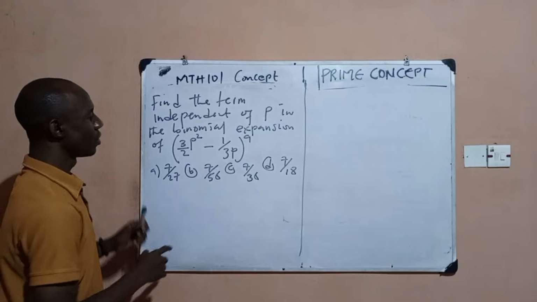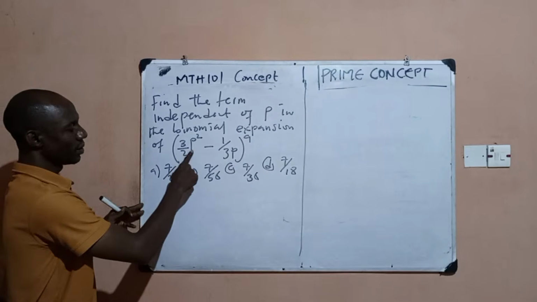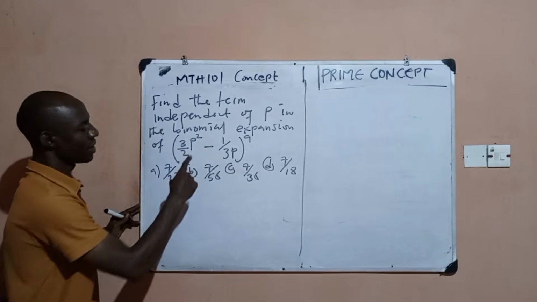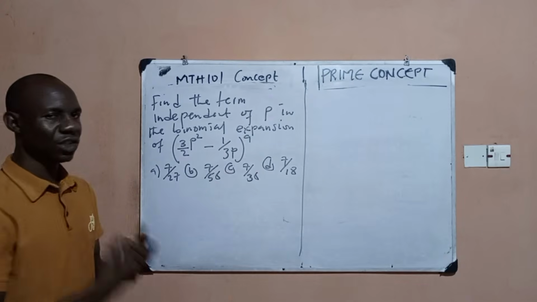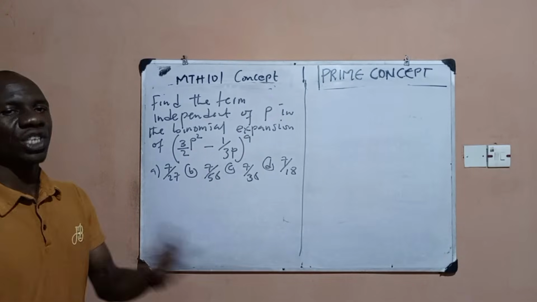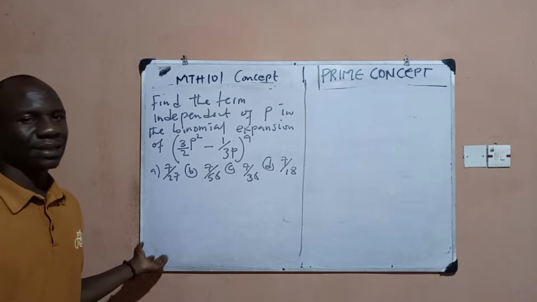Things I want you to know is that they used P in this place. Most times they use X, but understand that anything they use doesn't change. They can use P, J, Y, X, whatever they want.